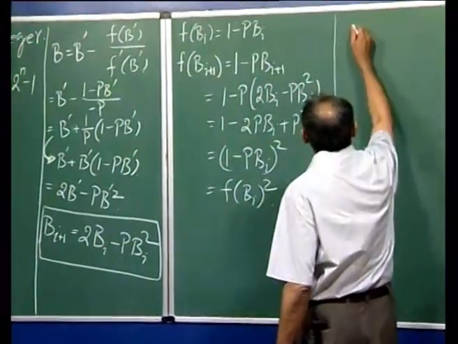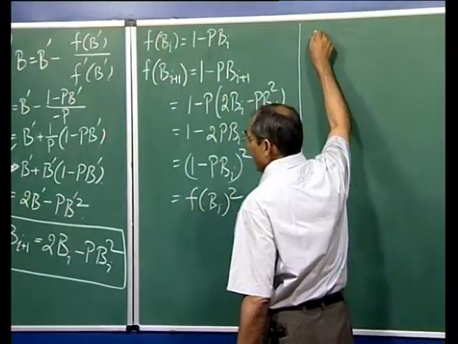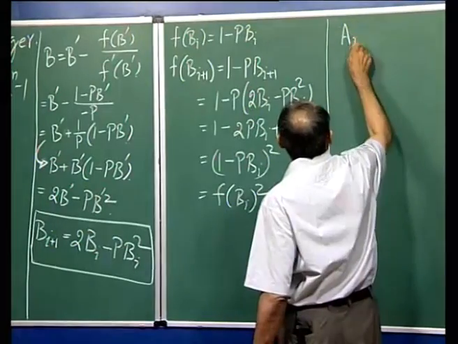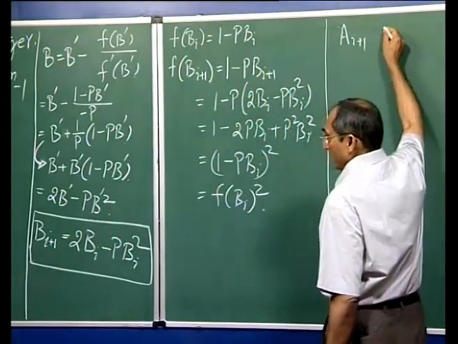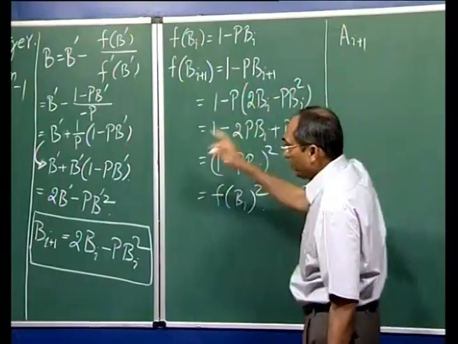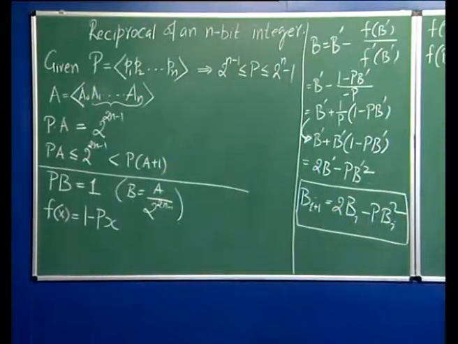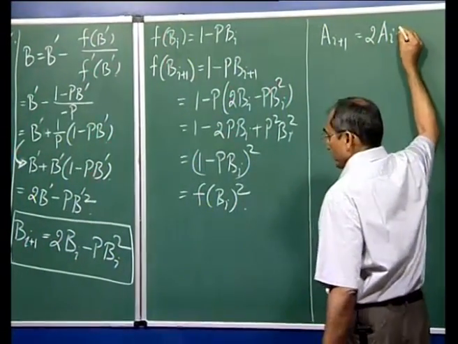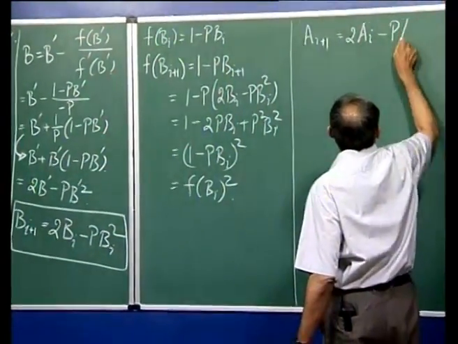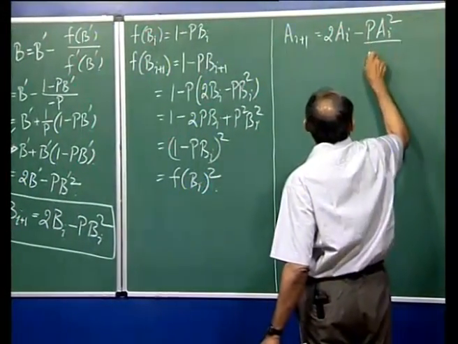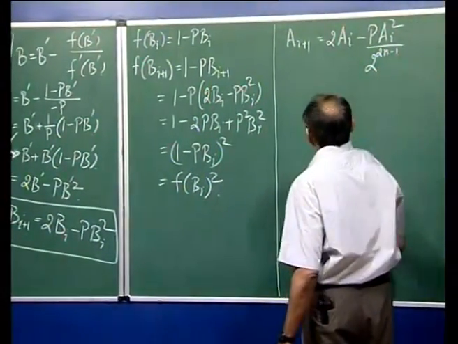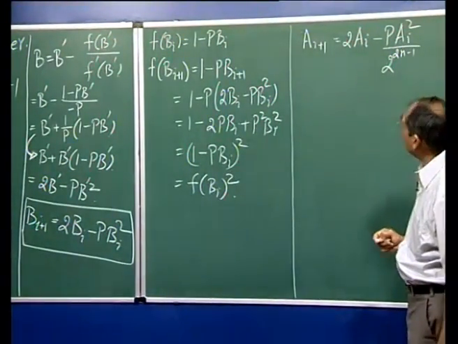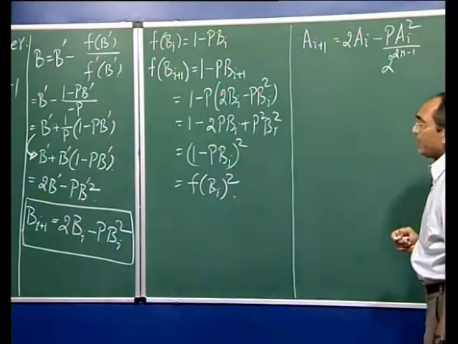So, we have the recurrence relation a I plus 1, and all we have done is we have multiplied 2 to the power 2 n minus 1 on both sides. That makes it 2 a I minus p a I square by 2 power 2 n minus 1. That becomes the recurrence in terms of a's.